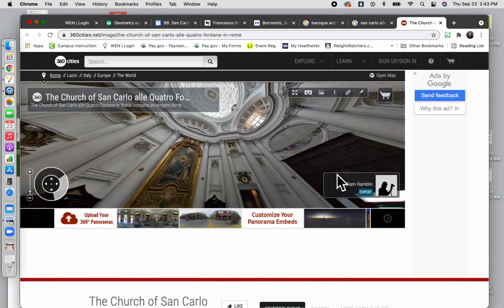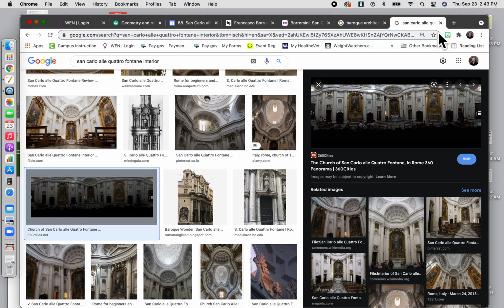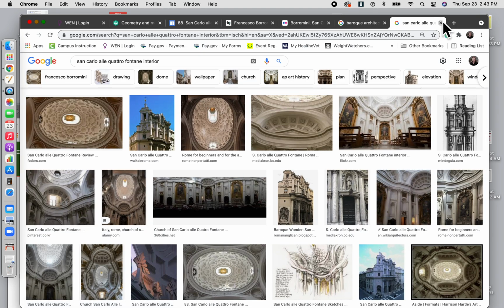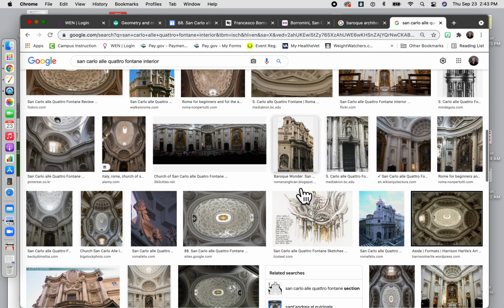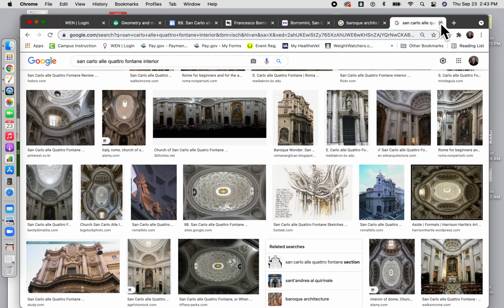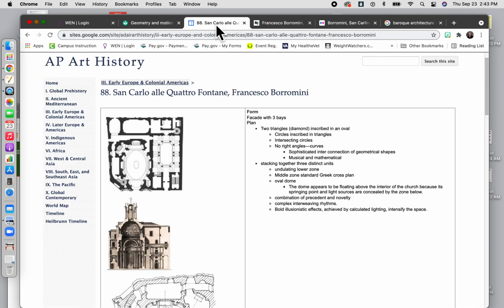That's really an important piece to get, that geometric structure and how it all works. Okay, so I really wanted to express that with you. This is very nice.